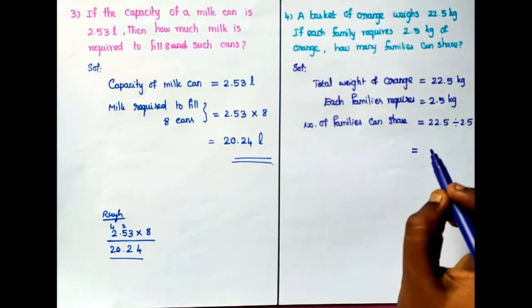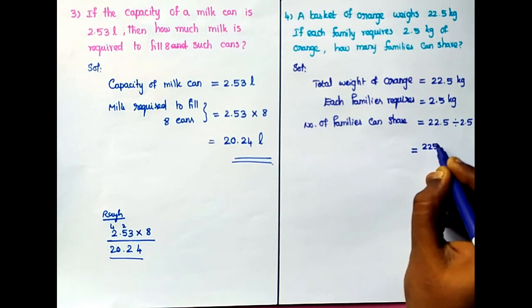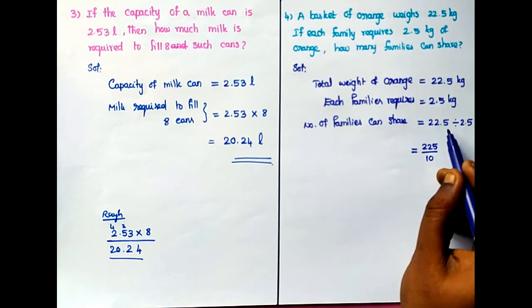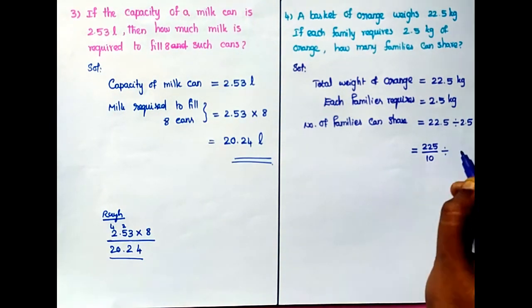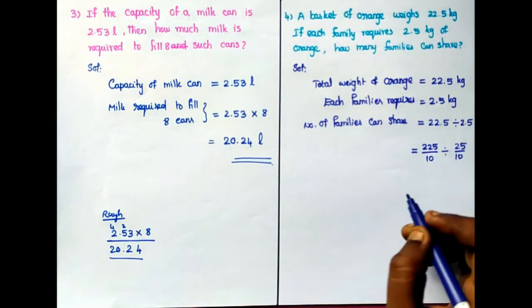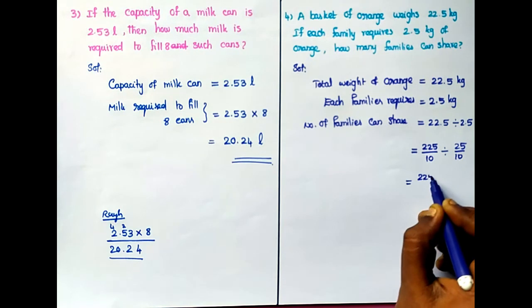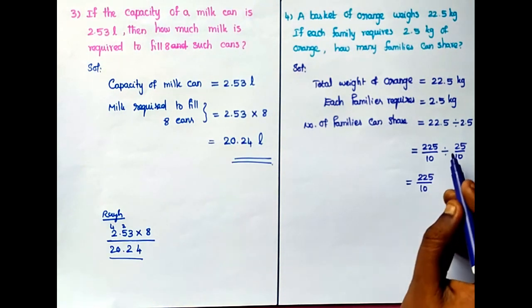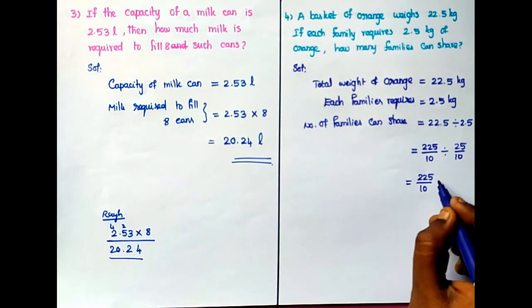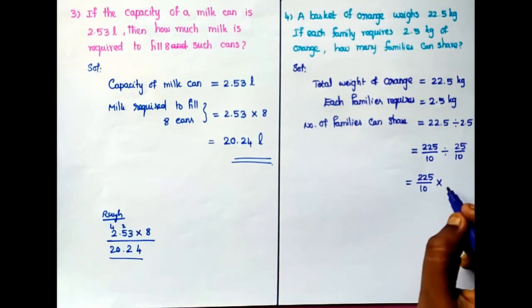22.5 is 225 divided by 10, because after the decimal point one digit is there, and 2.5 is 25 by 10. What is the next step? I have to convert into multiplication. Change into multiplication means, what is the condition? Take reciprocal for that. 25 by 10 means 10 by 25.